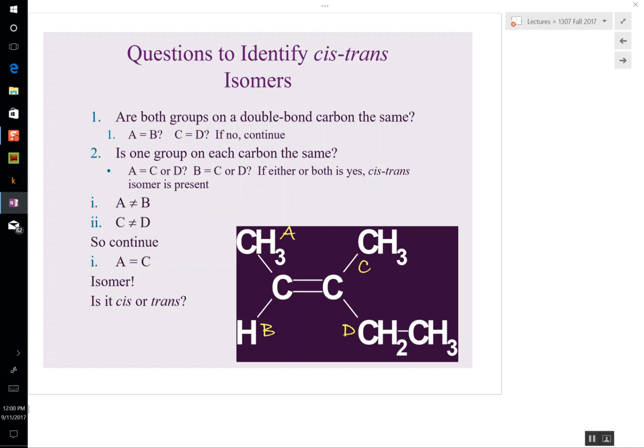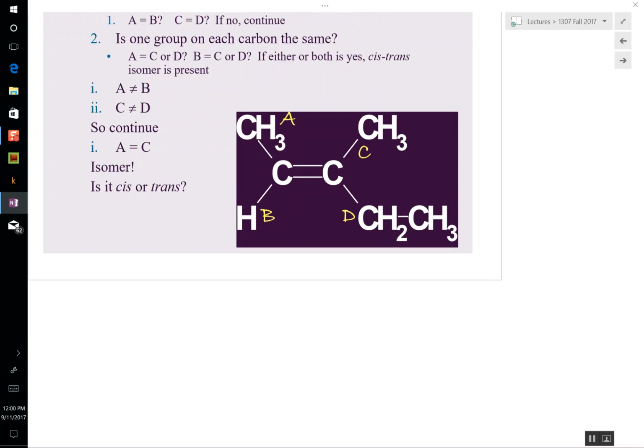They're on the same side of the double bond. So what is this? Cis. Okay, let's carry this to completion right here. So we now know that it is a cis isomer. All right? Okay, now go back and say, what's the longest chain? What's the longest chain?